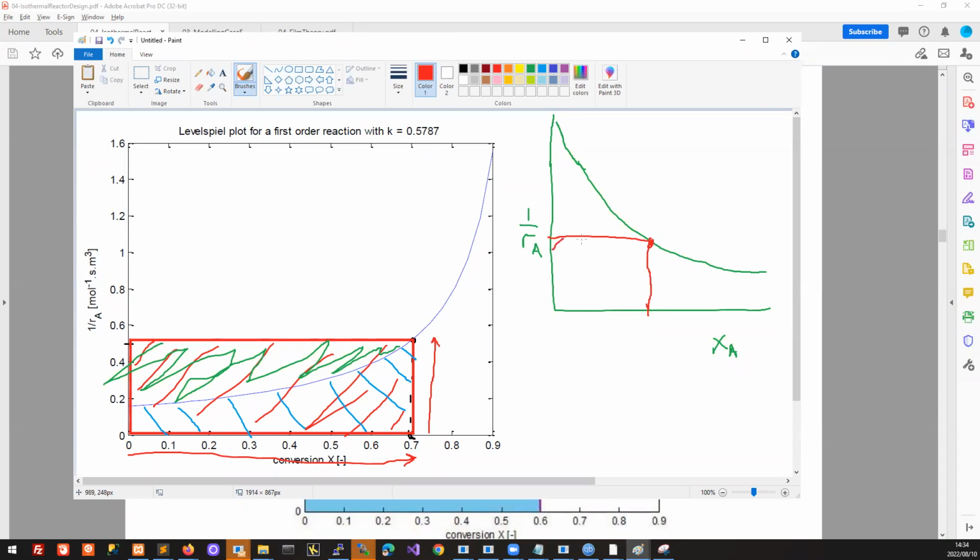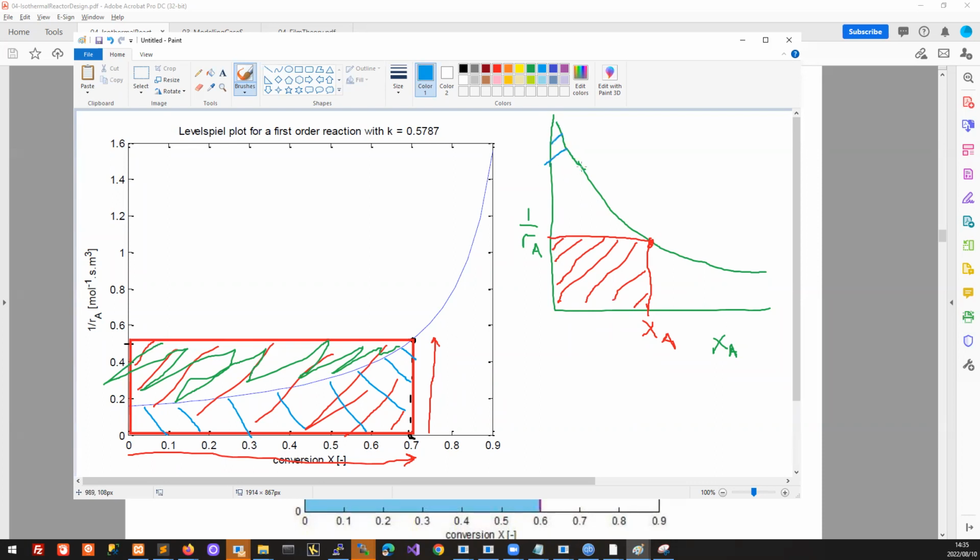That's right. So the CSTR is going to be proportional to this block again, right? As before, we picked a conversion to start with. So we picked XA over here, and then we read up a 1/RA, and we know that the volume of the CSTR is going to be Y times X, and that's there. On the other hand, the PFR's volume is proportional to the area under the curve.